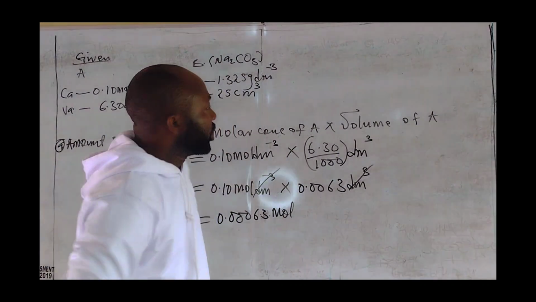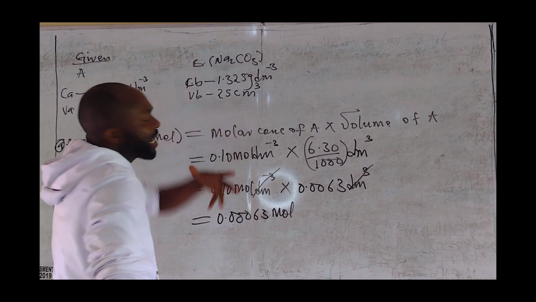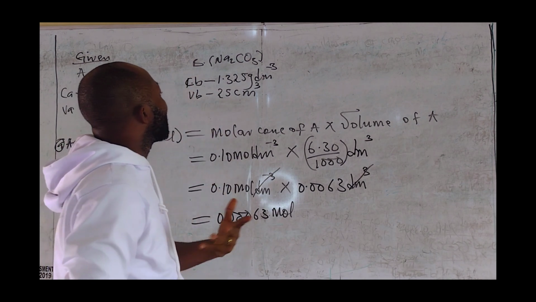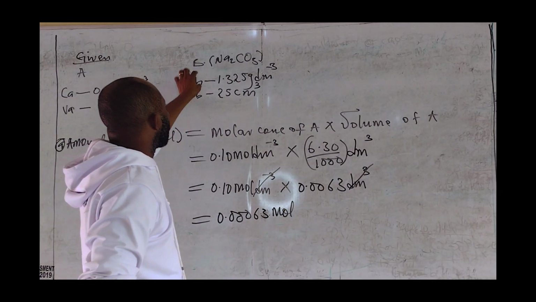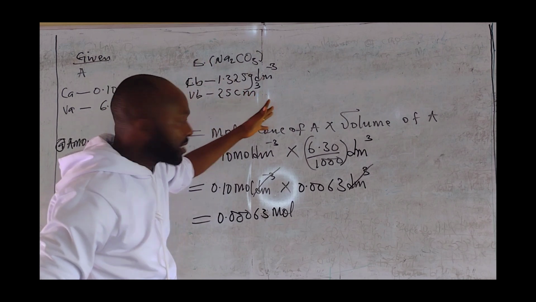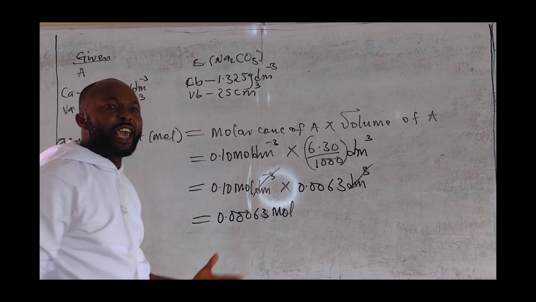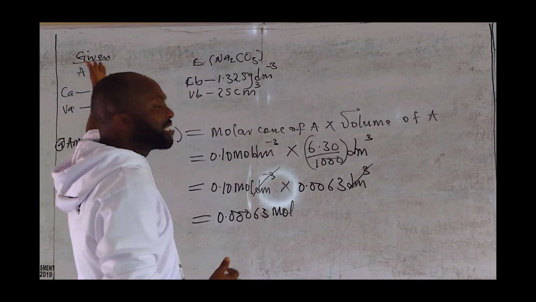Now, the number of moles of sodium trioxocarbonate(IV). We can't use the same formula directly as molar concentration times volume, because we do not know the molar concentration of the base. And we can't use CAVA to get the number of moles. Why is that? It's because they say it is a mineral acid.